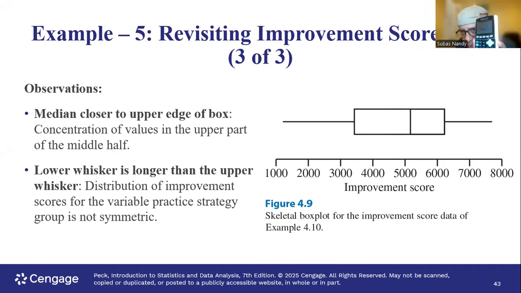In other words, there is more on the left part of the data structure than on the right part from Q2. So Q2 to the minimum distance is greater than Q2 to the maximum. Q2 seems closer to the right boundary.